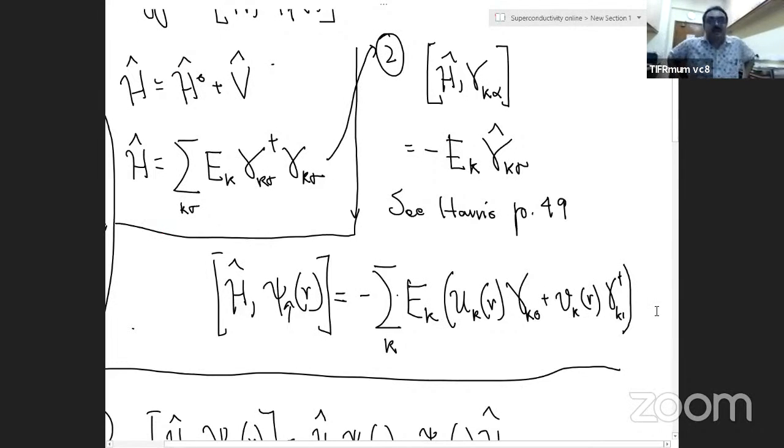Now, these two Hamiltonians are actually the same Hamiltonian. They are representing the same system written in two different forms.